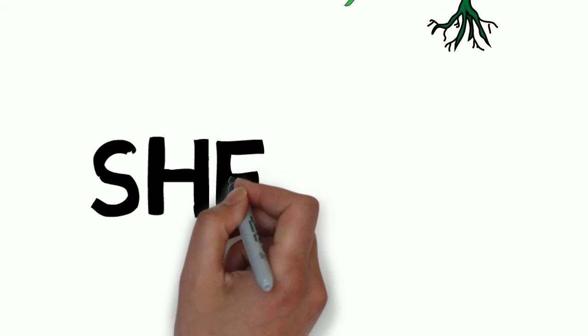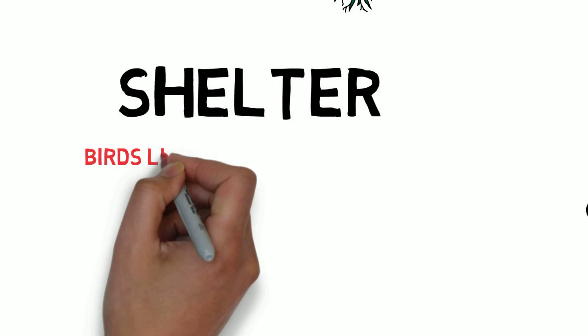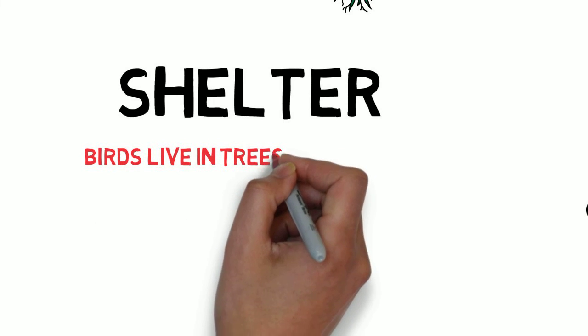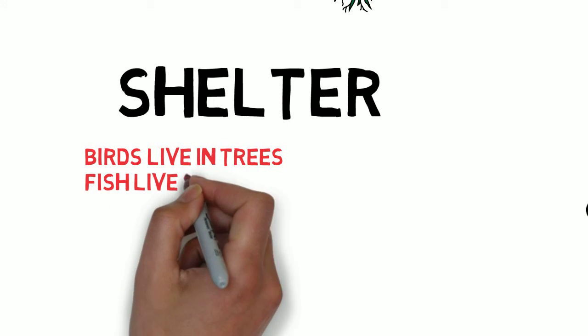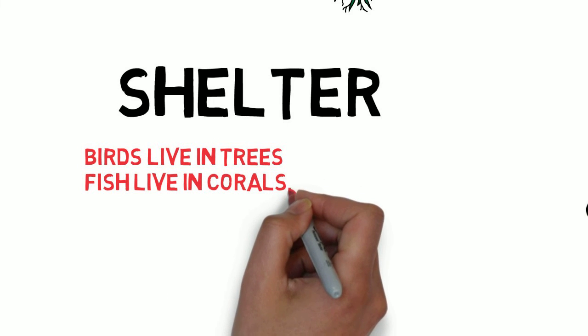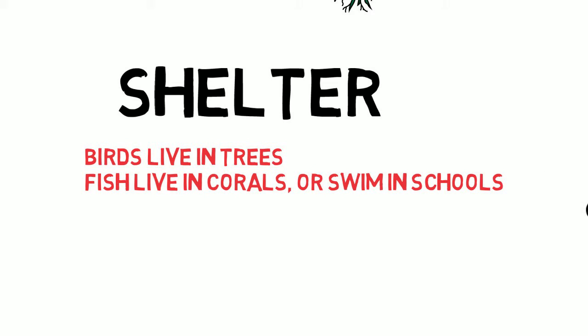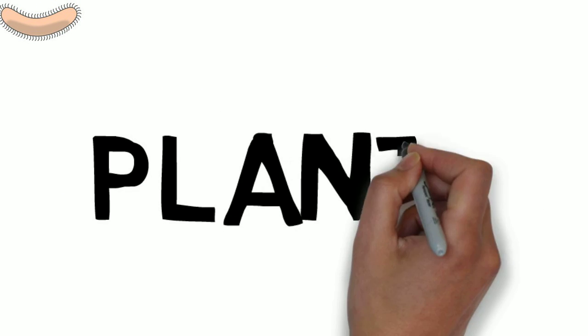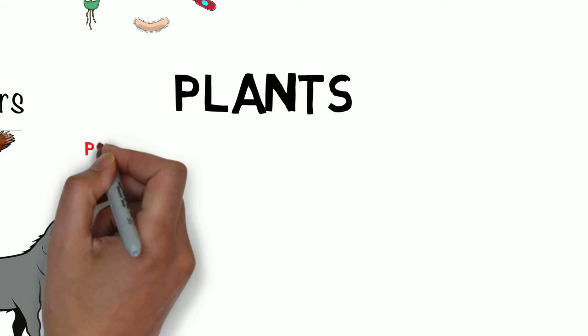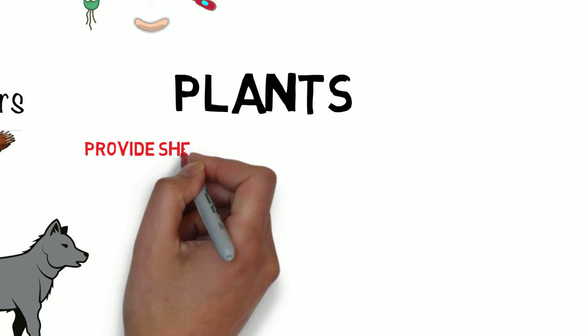So a major part of how plants and animals rely on each other in their environments is through shelter. So birds will live in trees and plants to find their shelter, and fish will live in coral or swim in schools to have shelter in their environments. And plants are also very important in environments.